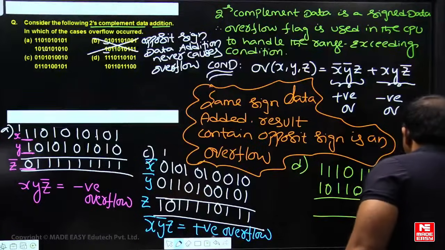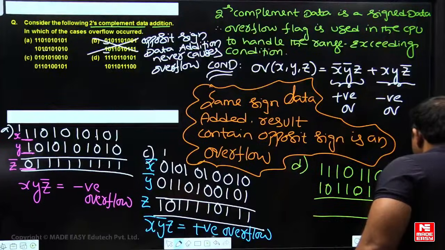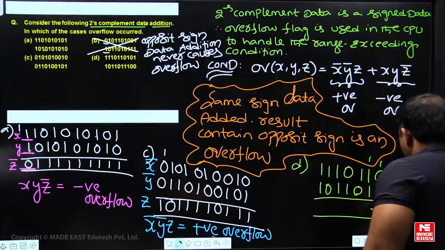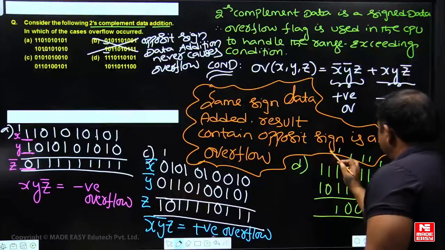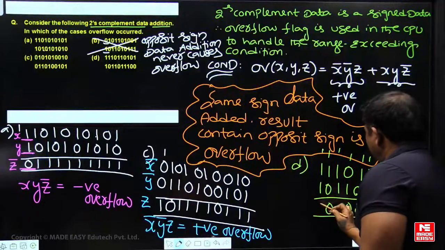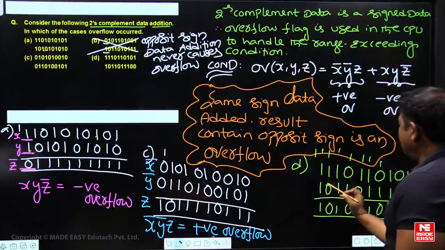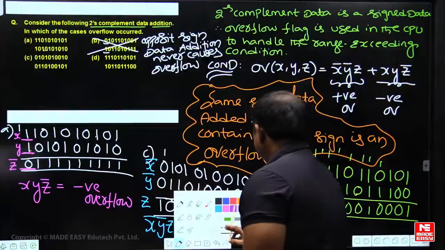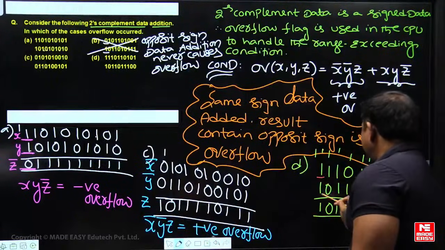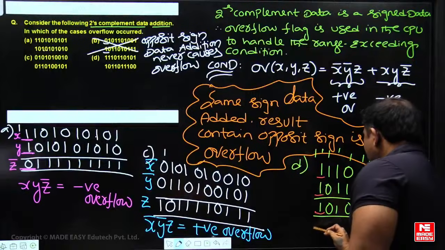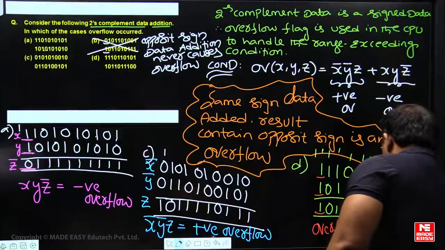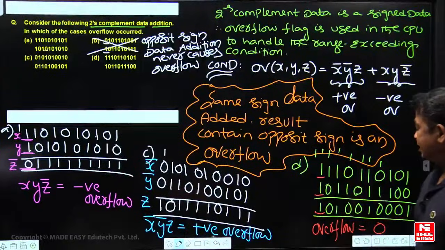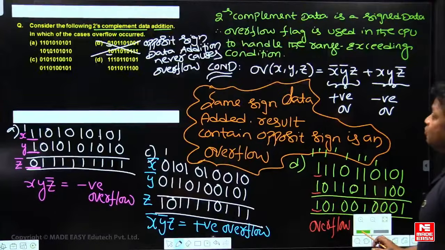Adding them gives 1 0 0 1 0 1 1. Now verify the MSBs. This is 1, this is also 1, then overflow is equal to 0. Overflow not present.